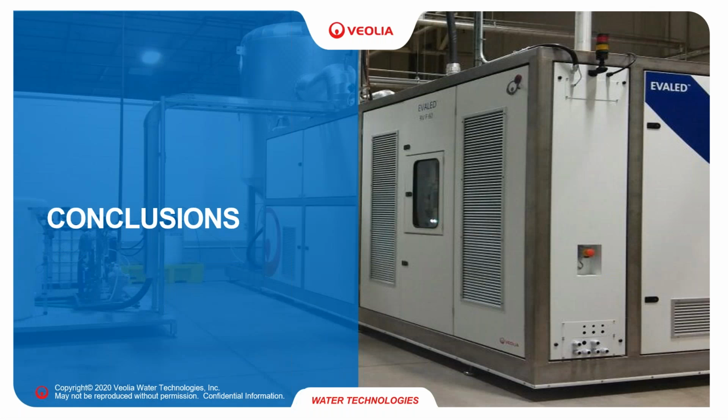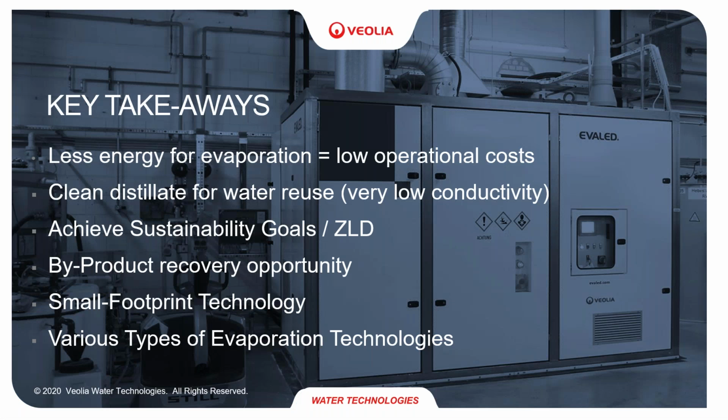So to conclude what we presented on the webinar, the key takeaways is that the entire game we're trying to play is the least energy for evaporation as possible to really keep your operational costs down. When possible, we want to use your distillate. We want to use that water that we've created as a beneficial reuse. You saw a few of those case studies where that was certainly feasible.